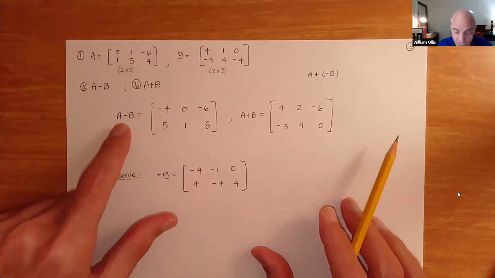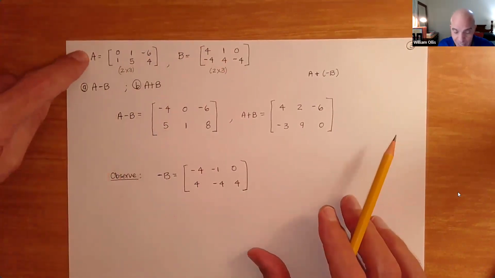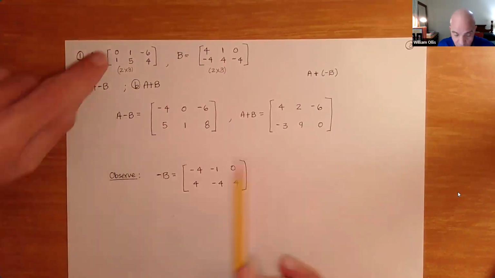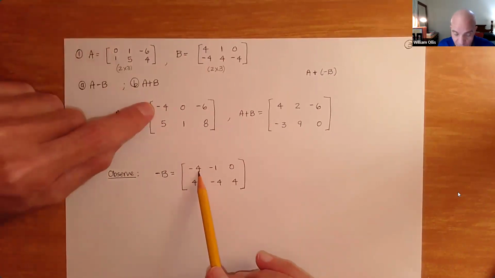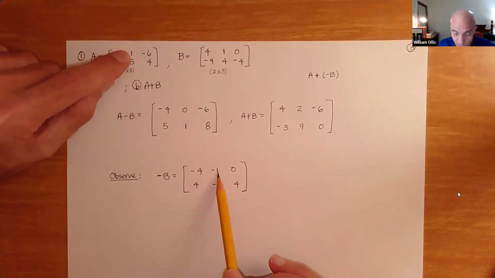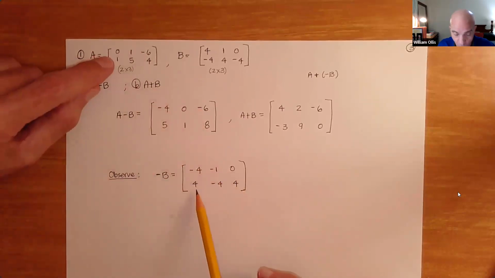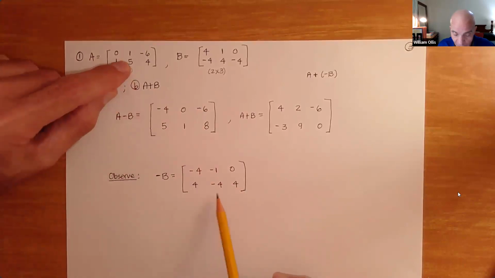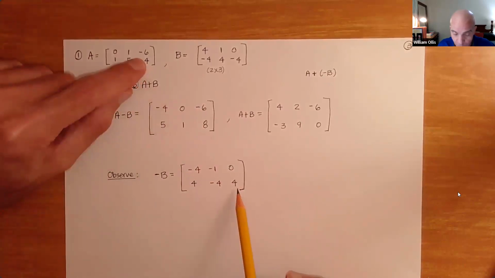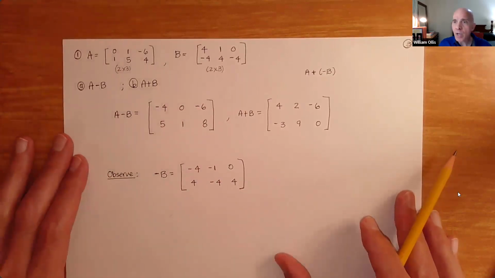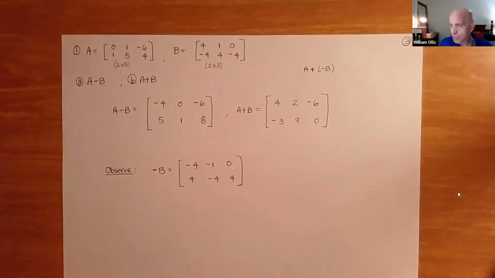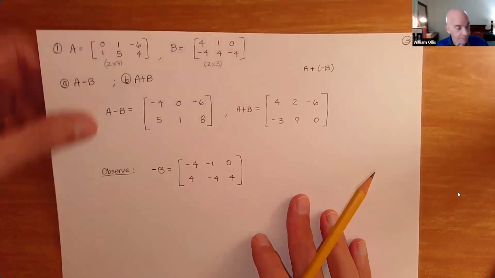And so when we actually subtract, we can just add matrix A and the additive inverse of B. So now we have 0 plus a -4 gives us a -4, 1 plus a -1 gives us a 0, -6 plus 0, -6, 1 plus 4, 5, 5 plus a -4, 1, and 4 plus 4, 8. So you will not find addition and also subtraction to be difficult at all. And remember, these operations are only defined for matrices that have the same size. So that's a very simple application.